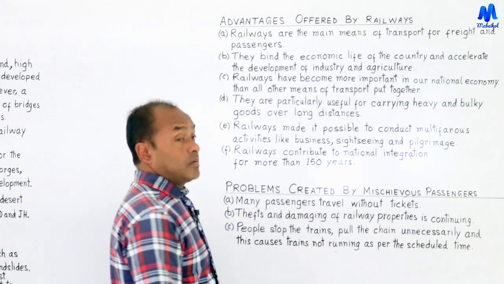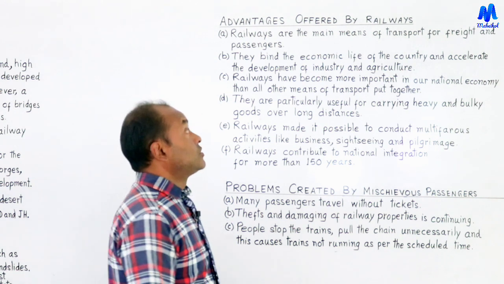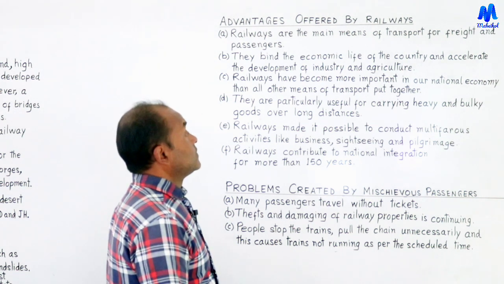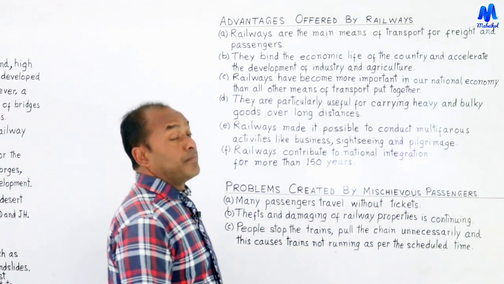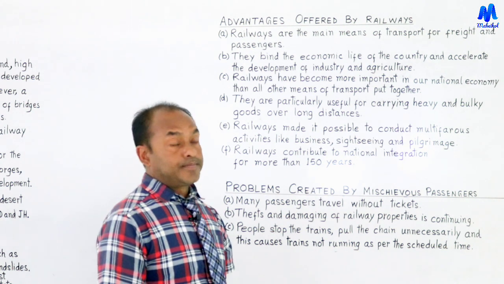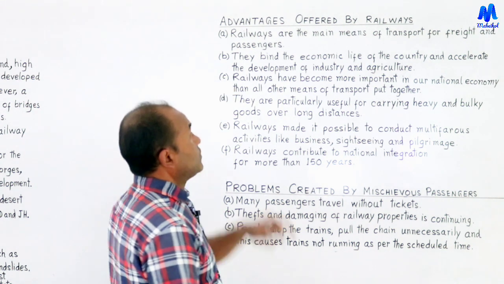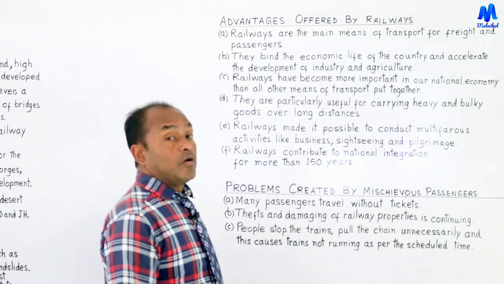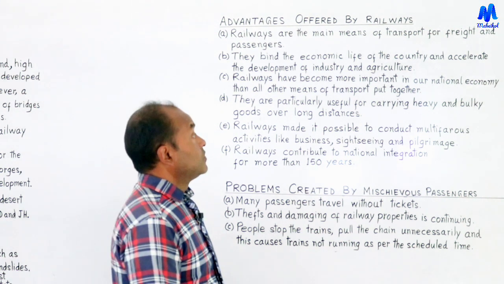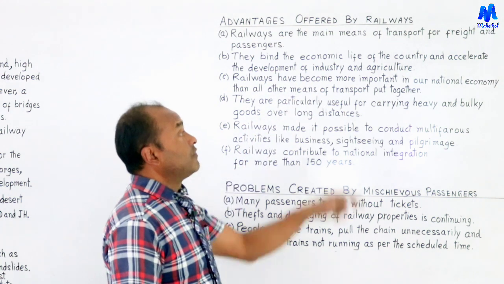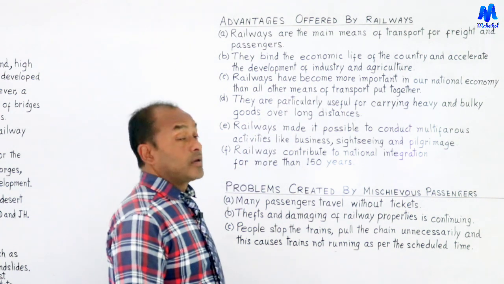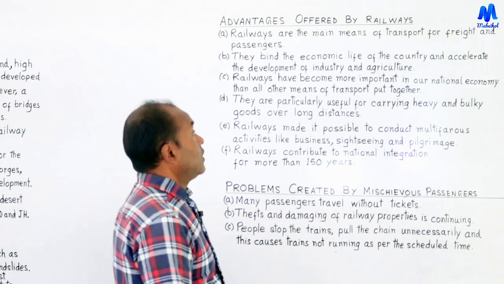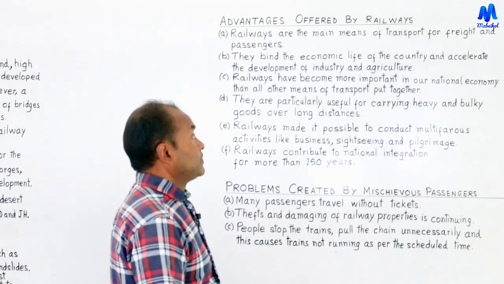For carrying passengers and for carrying goods over long distances, railways are the main means of transport. Number B, they bind the economic life of the people of this country, and they accelerate the development of industry and agriculture. How? Let's have a look.